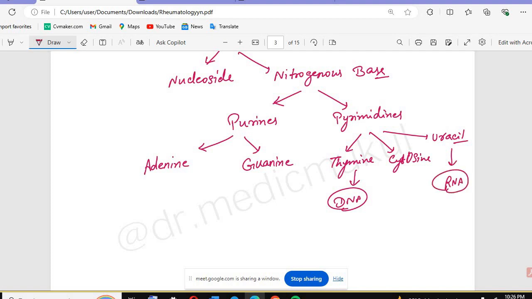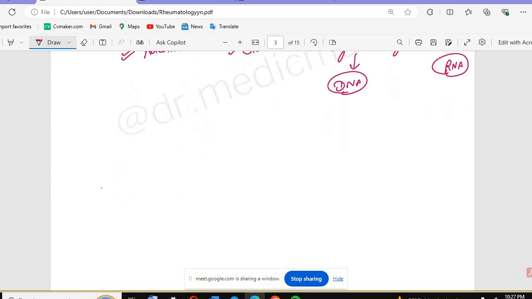If we talk about the purines like adenine and guanine, they will undergo the purine salvage pathway. So here we are going to discuss adenine and guanine. What will they do?